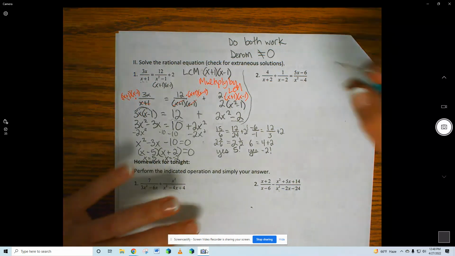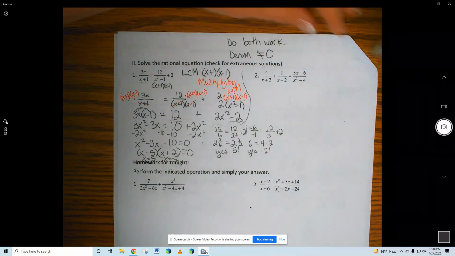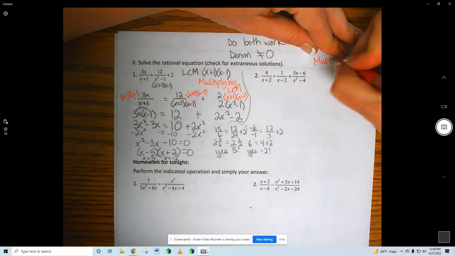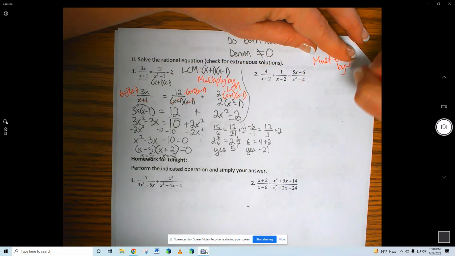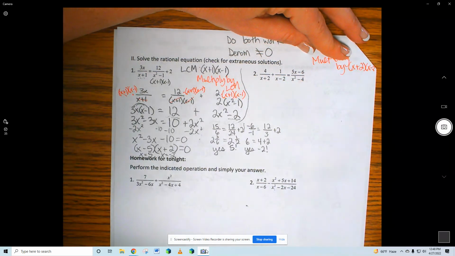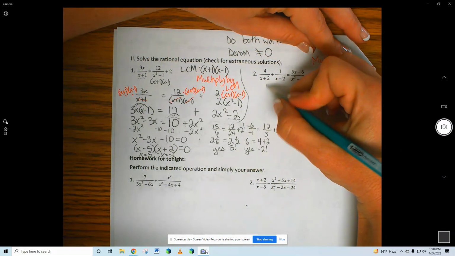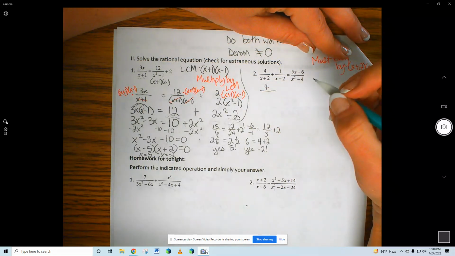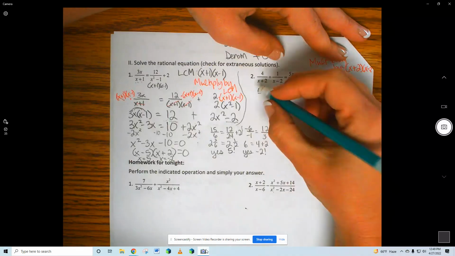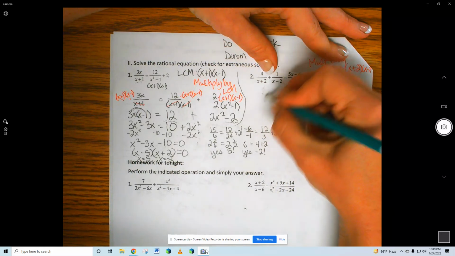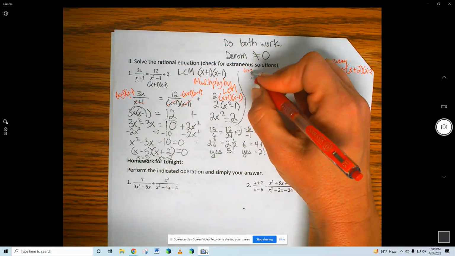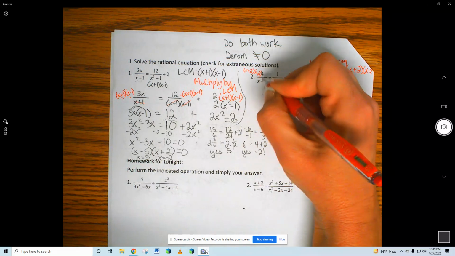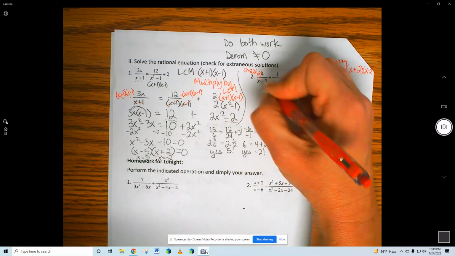On this one, I'll just give you a heads up. I'm not going to do it, but I want you to multiply everything by x plus 2, x minus 2. So it looks like this. Oh, I don't need the denominator. Hold on. So it'd be like multiplying this by x plus 2, x minus 2, and only the x plus 2 cancels.